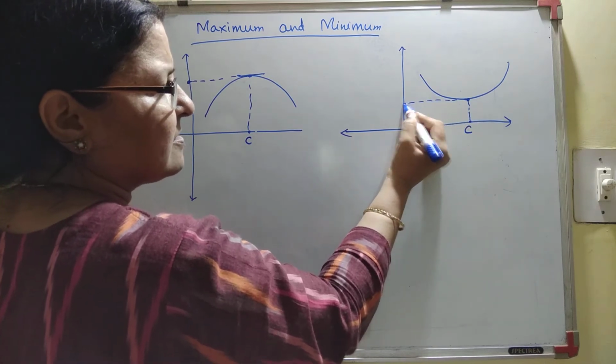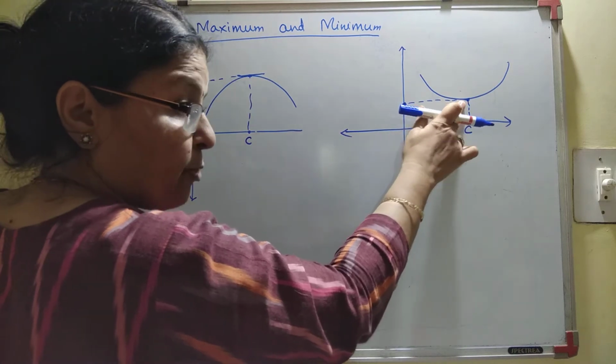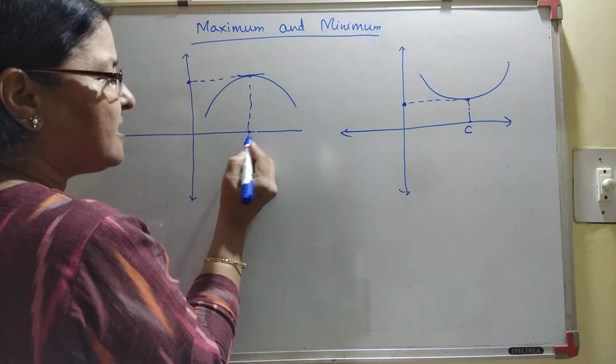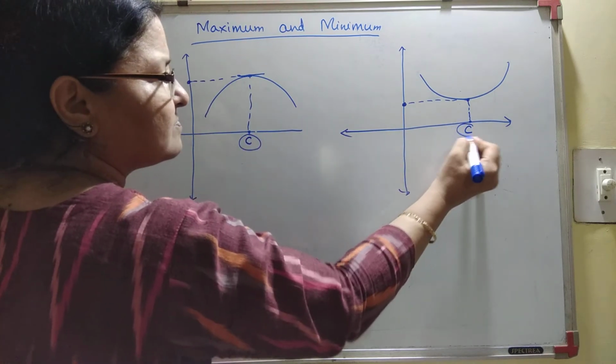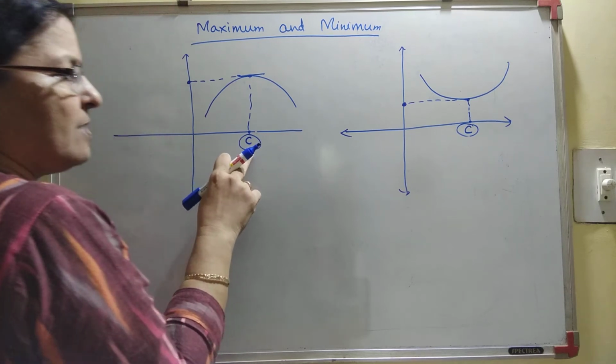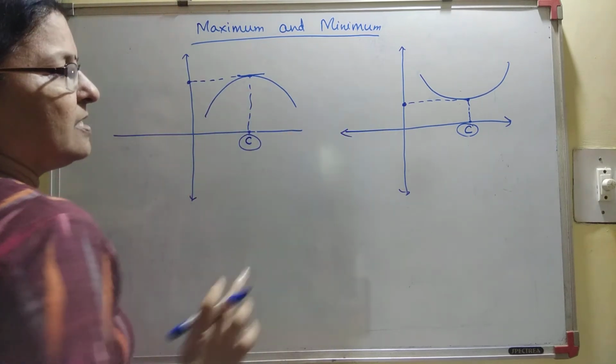You don't have to take this point as local minima and this point as local maxima; the point is C here. At this point it is local minima, at this point it is local maxima, and the maximum value is here and the minimum value is here.